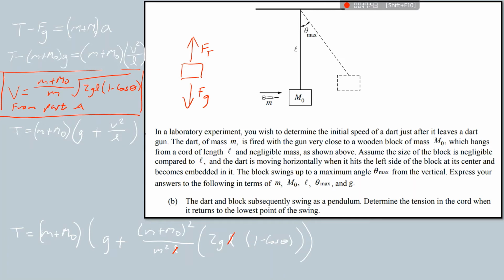So that's the answer, we found tension. I could factor out a G from this if I wanted to, but I don't really see much else that we can do though.